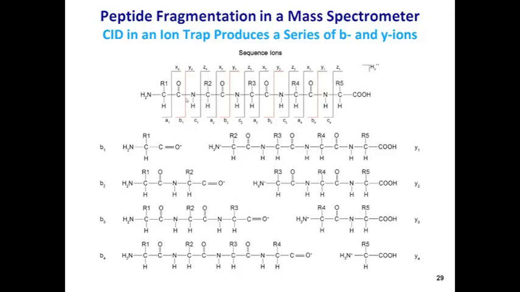Ion traps and a number of other common fragmentation techniques fragment at the peptide bond, and this produces a series of ions that are labeled as B ions for those originating at the N-terminus of the peptide, and the complementary Y ions extend from the bond breakage to the C-terminal of the peptide. Hence, I have a series of B ions, as illustrated in the lower part of the slide, and the complementary Y ions, all of which have sequence information because they differ in mass by an amino acid residue mass.